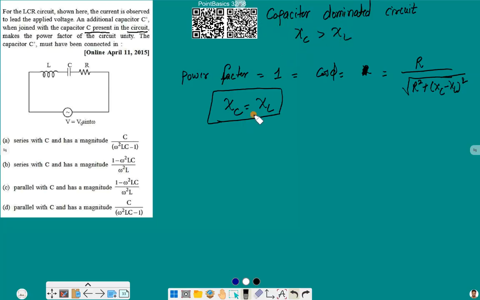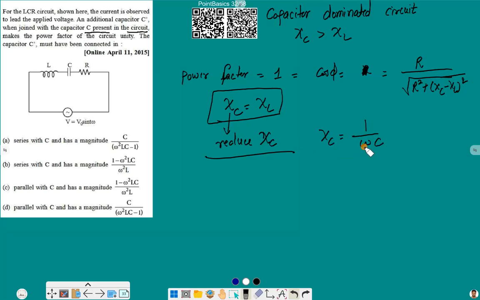We can attach a capacitor here, but the inductor we cannot change, we can only change the XC term. So we need to reduce this.